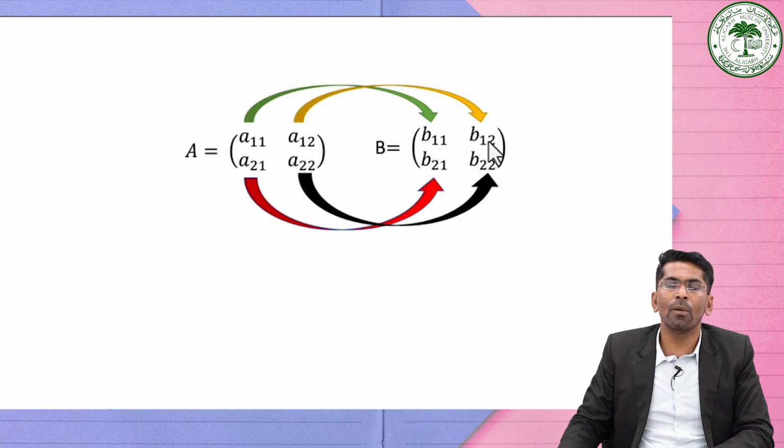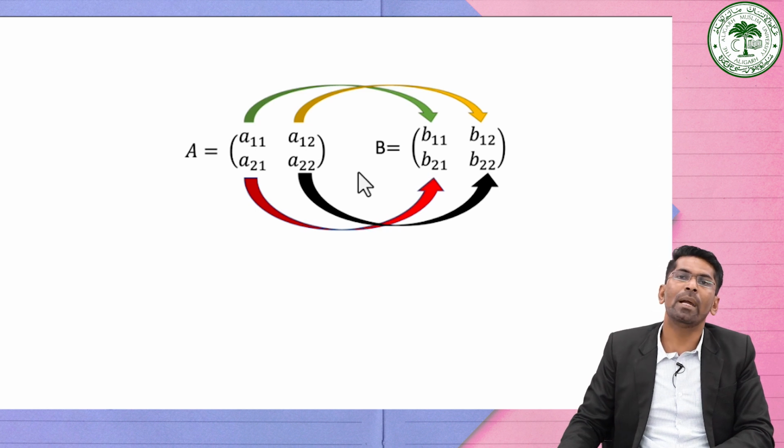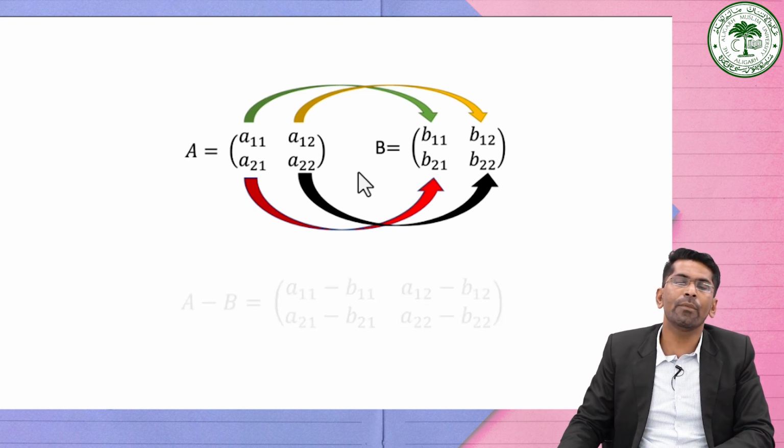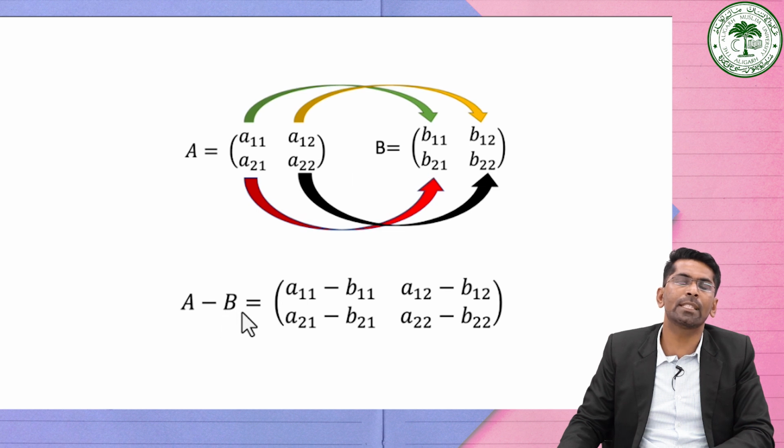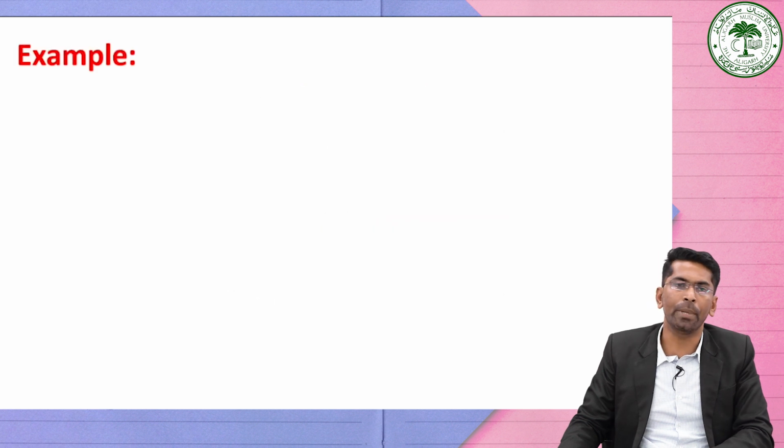Similarly, the second element of matrix B, that is B12, should be subtracted from the second element of matrix A. Similarly, other elements can also be found by subtracting the elements of matrix B from matrix A. Thus, A minus B is equal to A11 minus B11, A12 minus B12, A21 minus B21, A22 minus B22. If you go for simplifying it, then you will get A minus B.